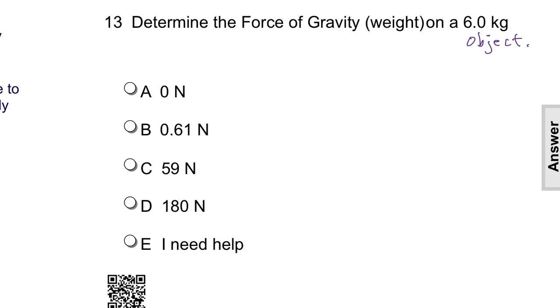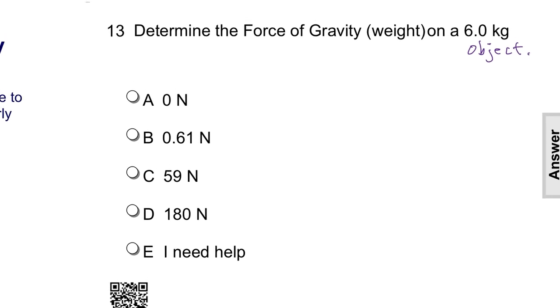Let's do some practice. Determine the weight of a 6 kilogram object on Earth or near Earth. So, weight is Fg if you want. The unit for mass is kilograms.